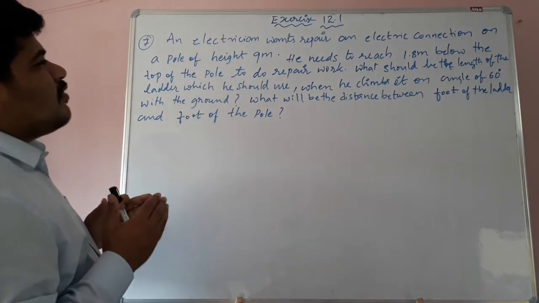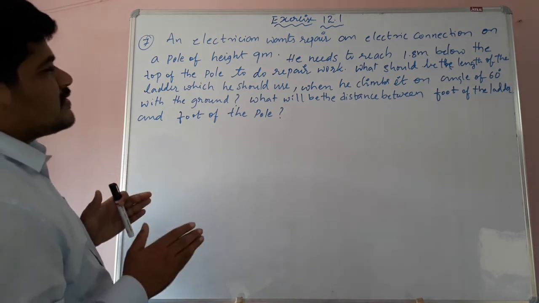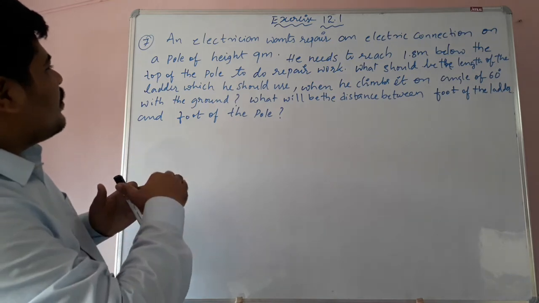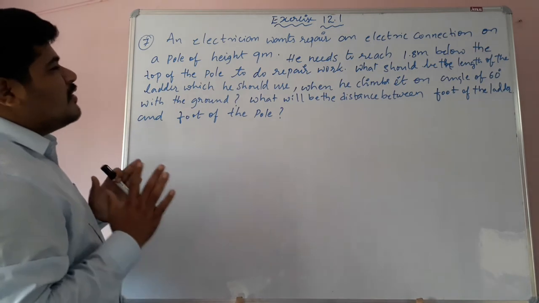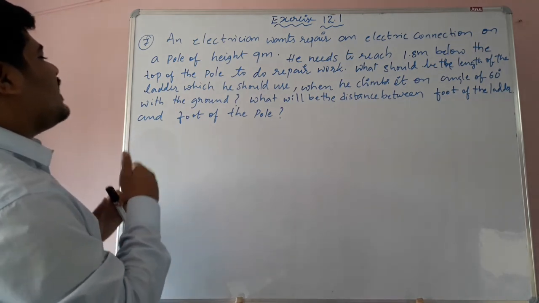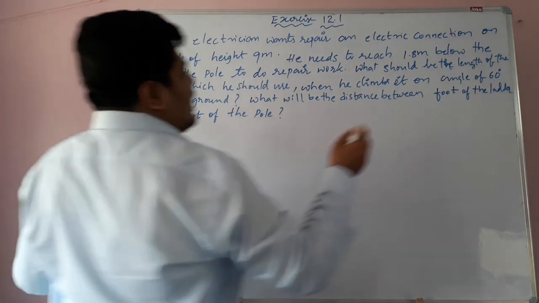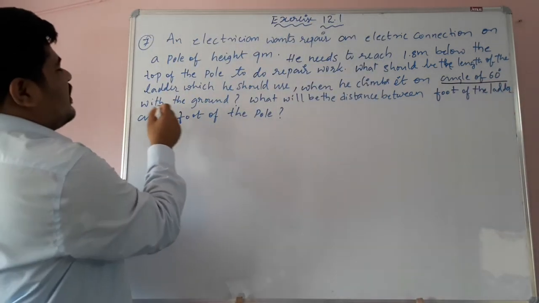An electrician wants to repair an electric connection on a pole of height 9 meters. He needs to reach 1.8 meters below the top of the pole to do the repair work. What should be the length of the ladder which he should use when he climbs it at an angle of 60 degrees with the ground?